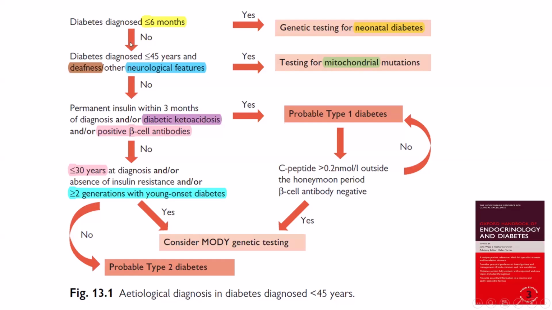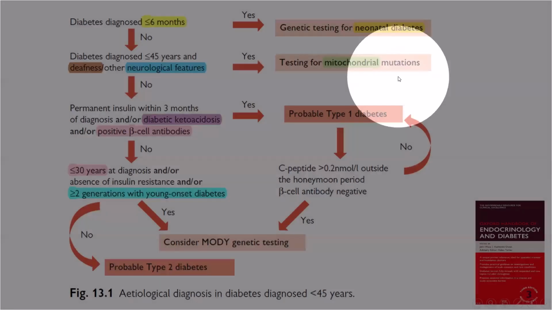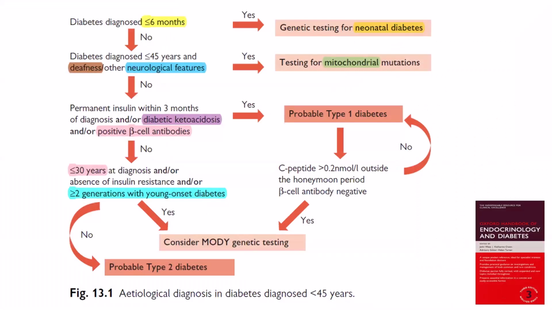If after 6 months, the diabetes is diagnosed before the age of 45, with deafness and neurological features, we should suspect mitochondrial diabetes, which is maternally inherited diabetes mellitus.